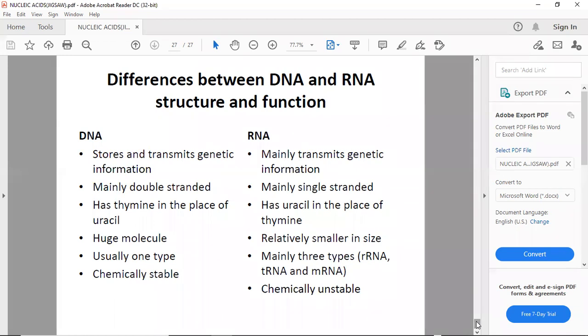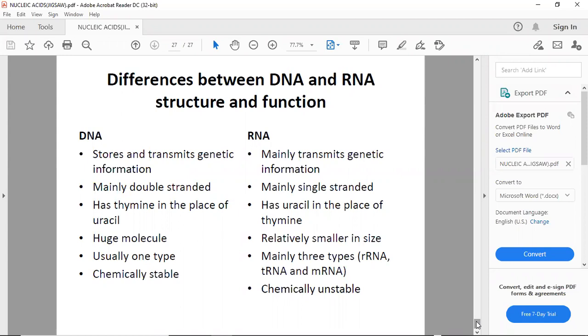DNA has thymine in place of uracil, while RNA has uracil in place of thymine. DNA is a huge molecule, a large molecule in relation to the relatively smaller size of RNA. Also, DNA is usually of one type, while RNA is of 3 types. RNA is chemically unstable, while DNA is chemically stable.